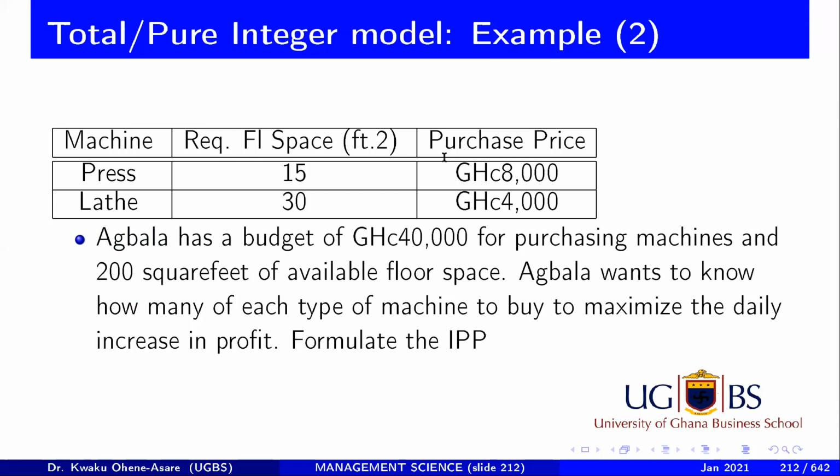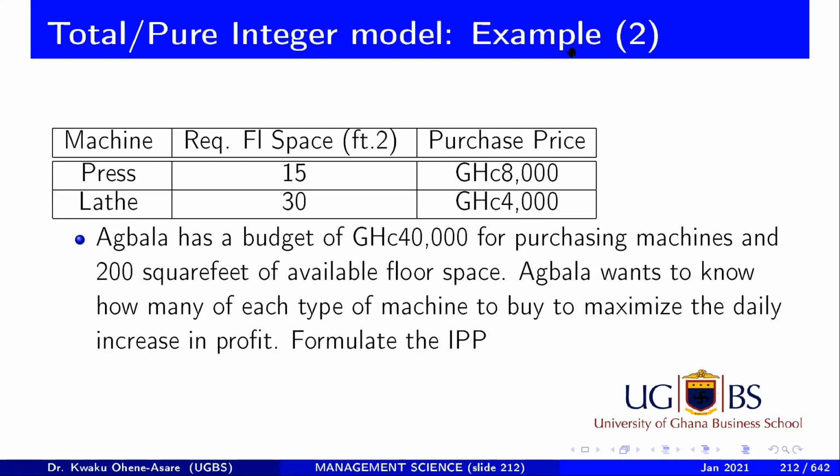Now Agbala has a budget of 40,000 for buying the machines, and in terms of floor space, there are only 200 square feet available. He wants to know how many of each type of machine to buy to maximize the daily increase in profit. Formulate an integer programming problem.